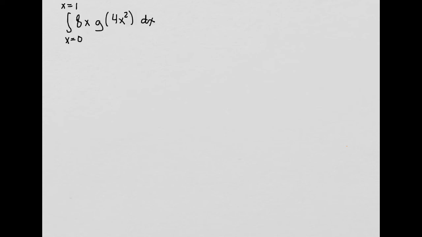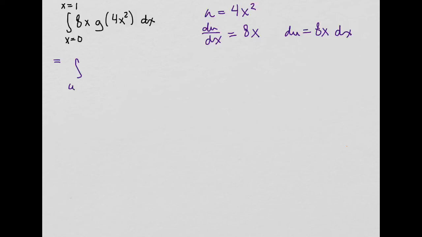So if we want to use u substitution, then our u is going to be 4x squared, and our du dx is 8x, which means that du is 8x dx. So if we're looking at this, we don't even have to factor anything. And so when we rewrite this integral, we're going to go from u equals something to u equals something.